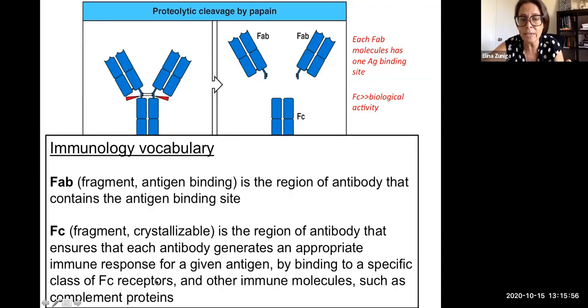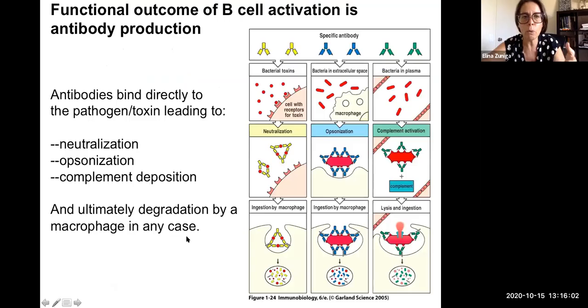These FC receptors are localized in innate cells, including macrophages. So remember when we were talking about the functional outcome of the B cells and the antibodies being able to neutralize, opsonize, and fix complement, this is all mediated through the FC portion of the antibody.